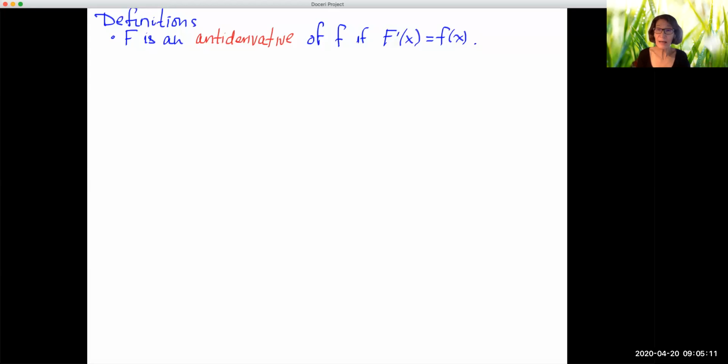It's really important that you don't write capital F when you mean little f, so be very careful with your notation. We're using capital letters to denote antiderivatives of the corresponding lowercase letter.